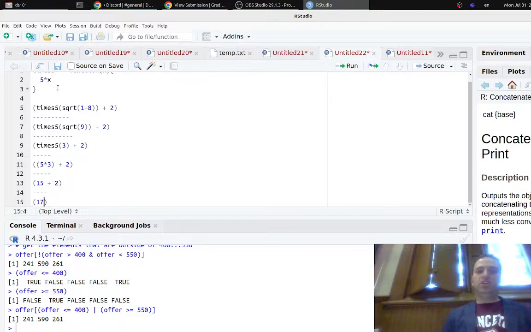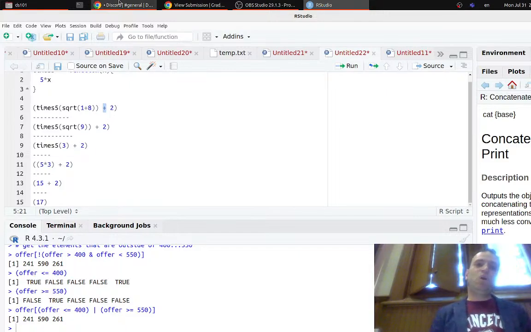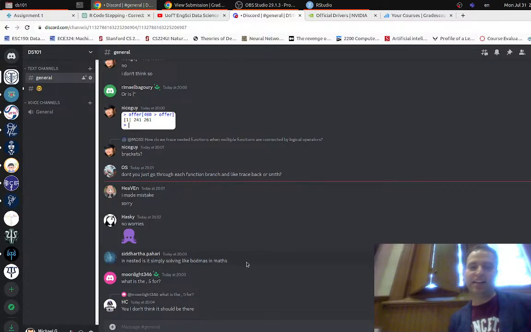Right. So if this were something like an or instead of a plus, it works exactly the same way. How do you trace it? Well, evaluate what you can, and then keep evaluating until you get the simplest possible answer. So maybe what the person was asking is what's called short circuiting.